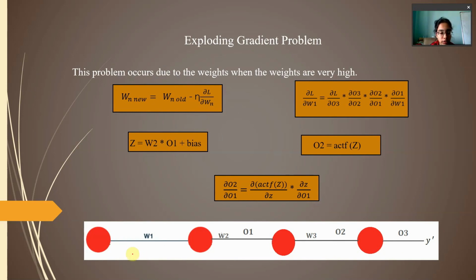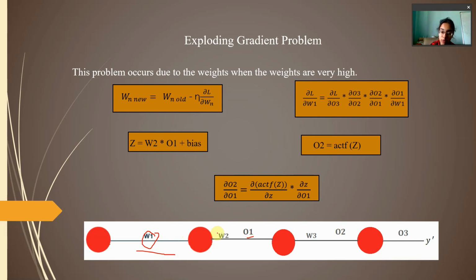So let's consider this figure. This is one input, and this input is assigned the weight W1. After the weight is assigned, it goes to the hidden layer where the pre-processing takes place, and after the pre-processing, the output O1 is generated. This output then acts as the input to the second hidden layer.